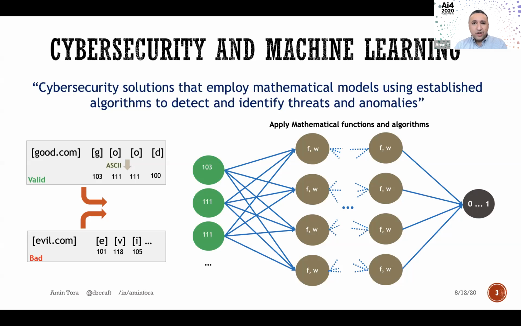Within the network, you have functions and weights that get changed as you train it. In this example, it's a binary classifier. You train it on good and bad, and it figures out the difference between good and bad. It's labeled data, supervised learning. Overall, within cybersecurity, we're trying to find anomalies with unsupervised learning, or classify from known bad sets, so we can identify new bad that's going on in our network.